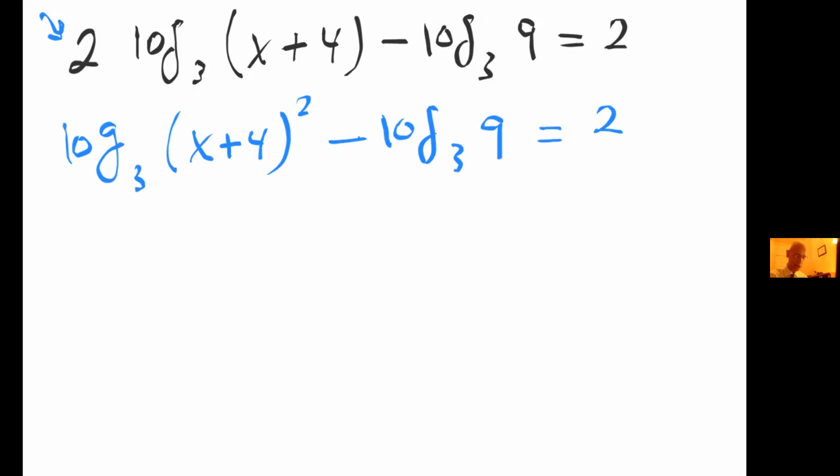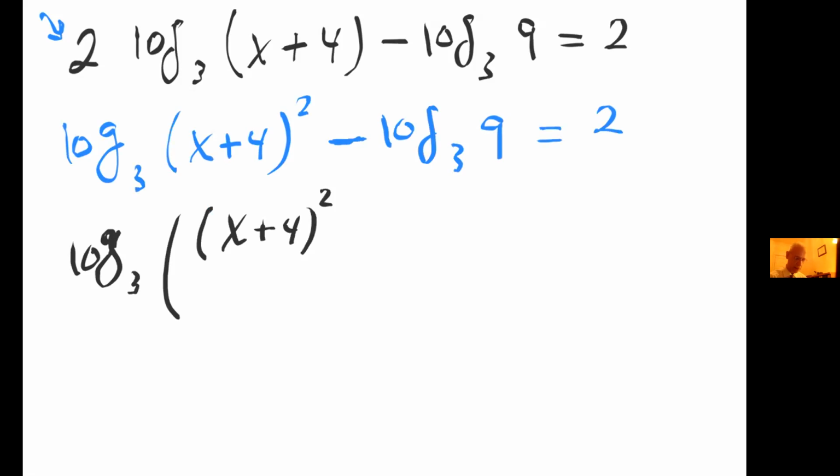There's a minus sign in between. I can rewrite this as a quotient. I can rewrite this as log base 3 of (x + 4) to the second over 9 equals 2.